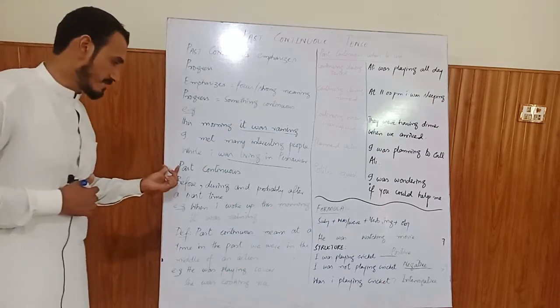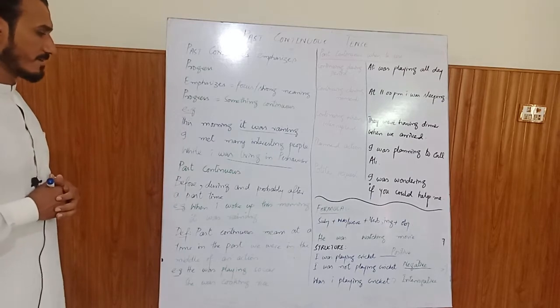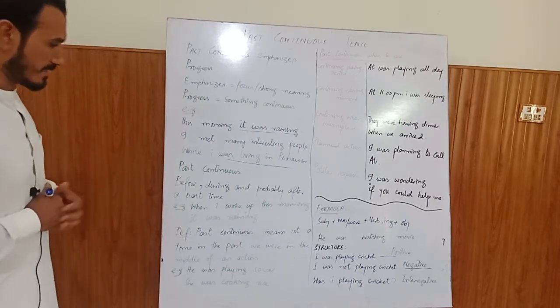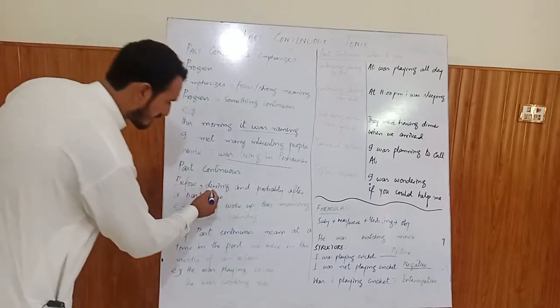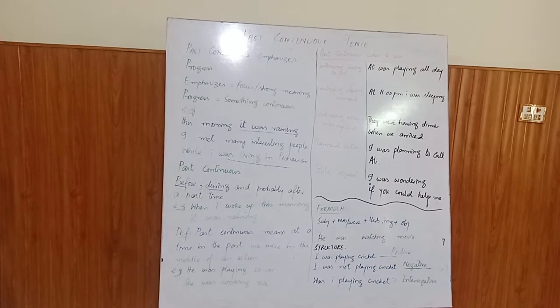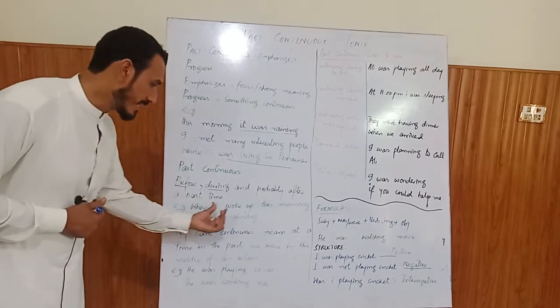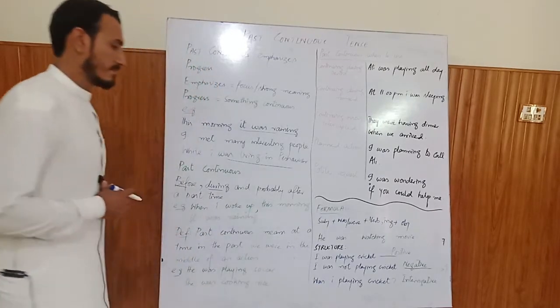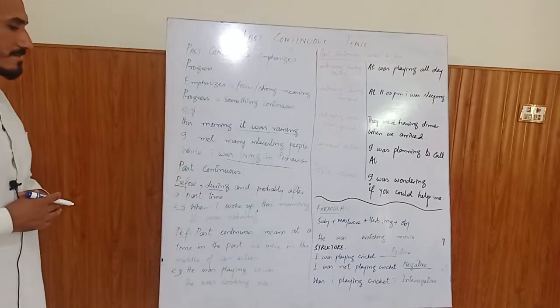Past continuous means before, during and probably after a past time. It means during and before. Past continuous. For example, when I woke up this morning it was raining.